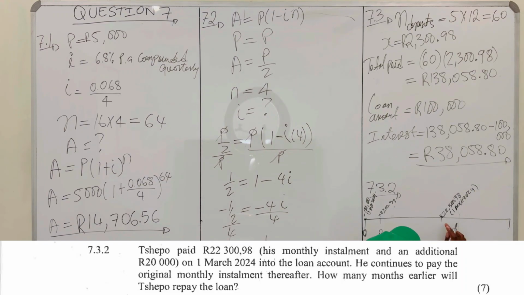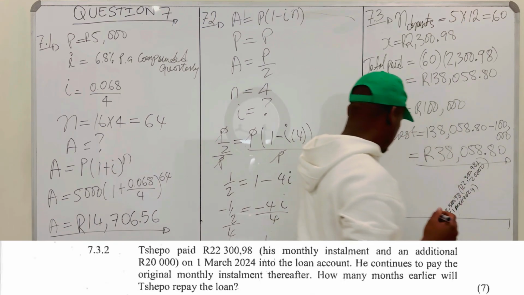So on 1 March 2024, he paid this amount into that loan account, which means he paid 22,398 rands 98 cents. If you break it down, it is 2,398 rands 98 cents plus an additional amount of 20,000. That's what they told us.